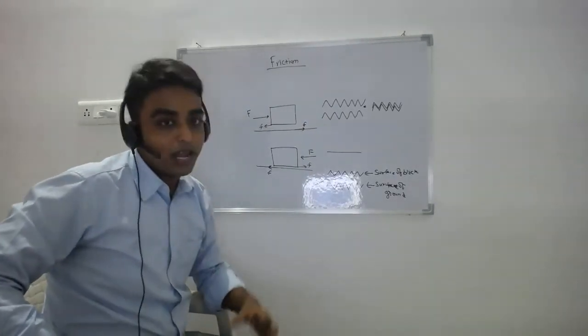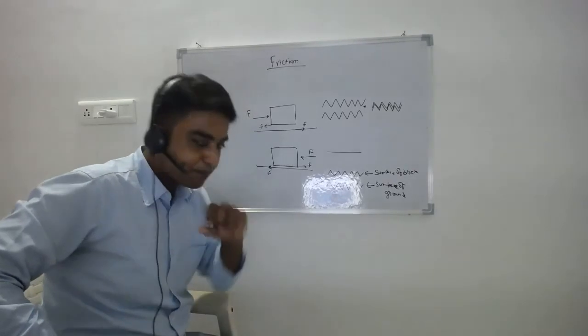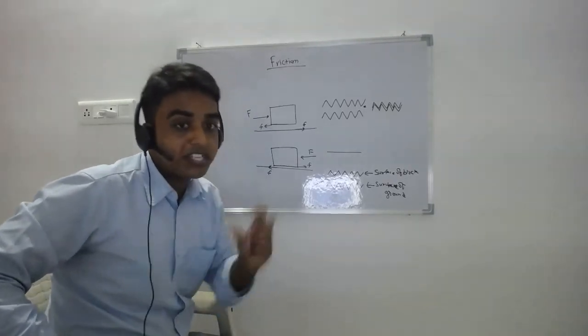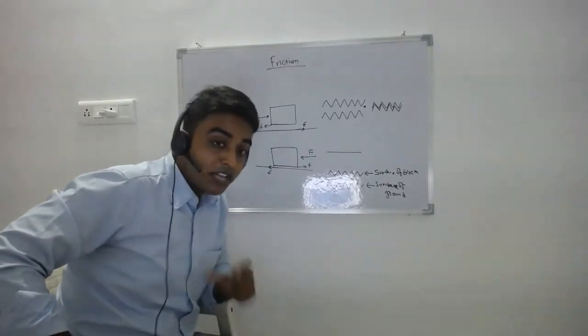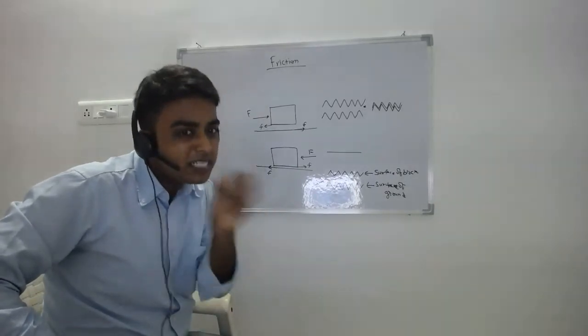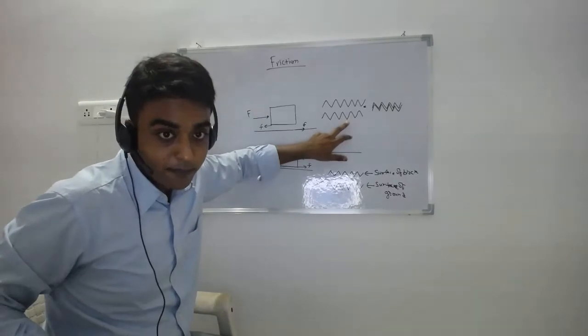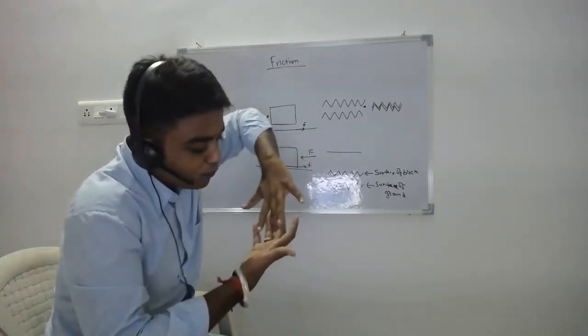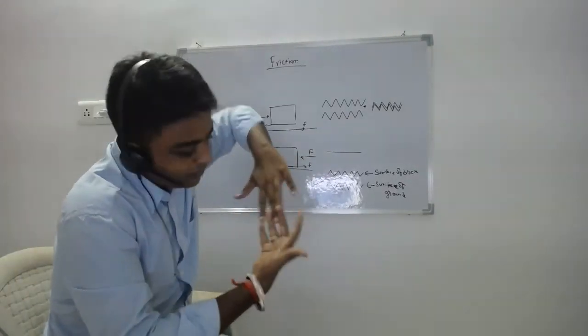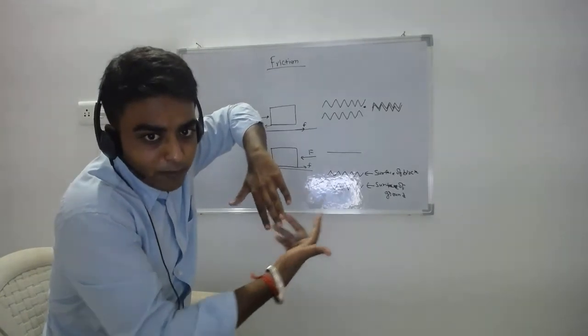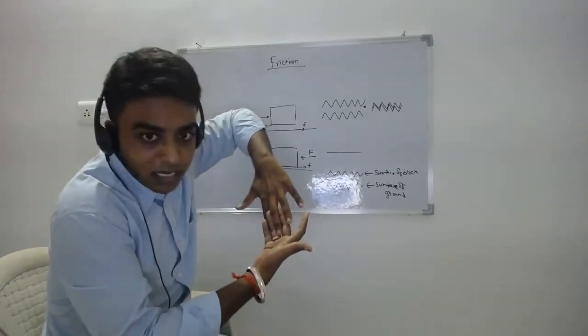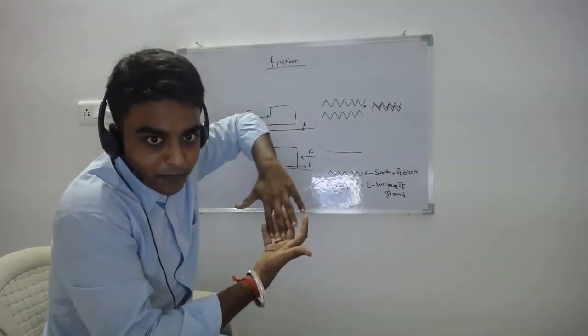Now if we talk about the friction value, on what factors does it depend? First of all, it depends on the strength of interlocks. How strong it is. If it is like this, a small force will break this. If it is like this, a larger force we have to apply.